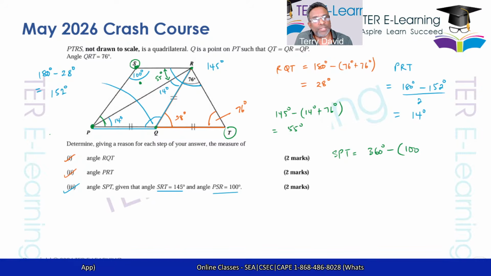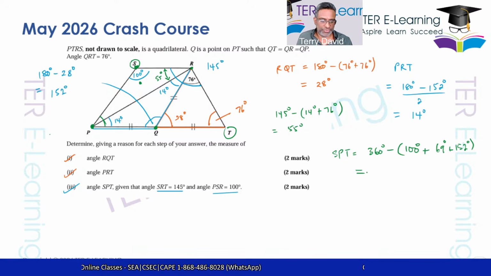Plus, we need to remove this piece here, which is the 55 plus the 14. So that's going to be 69 degrees. Plus, we need to remove this one here by Q, that's 152. So when I work this out, I'm going to get 360 minus, open brackets, 100 plus 69 plus 152. All right, and I'm getting 39 degrees.